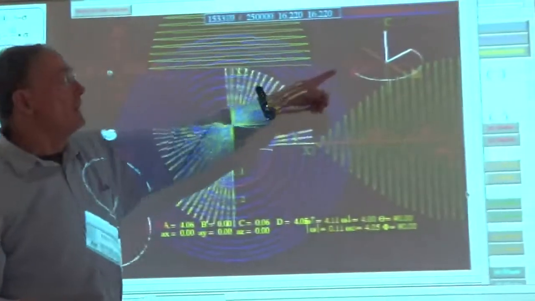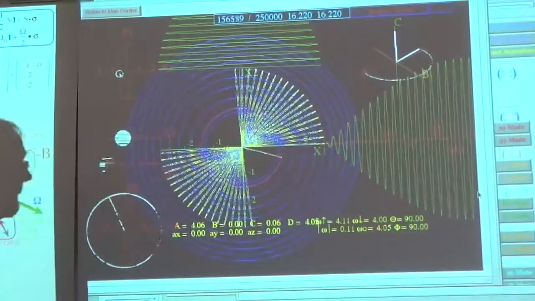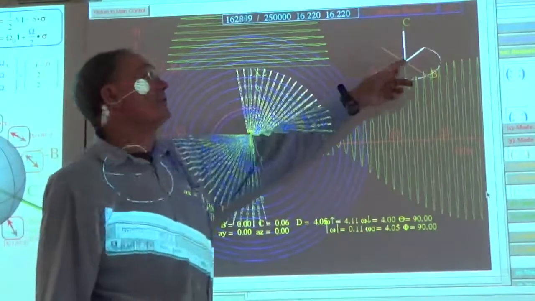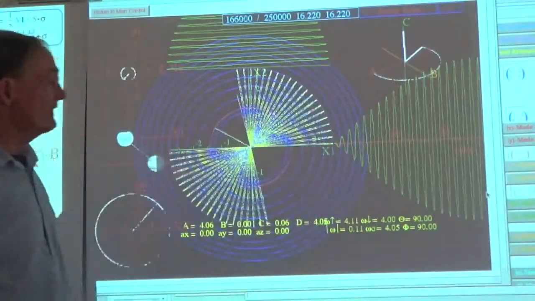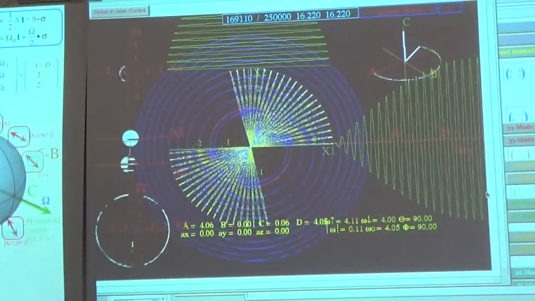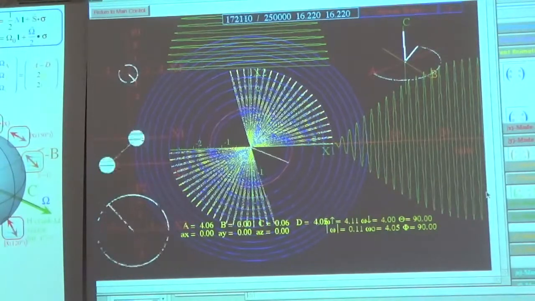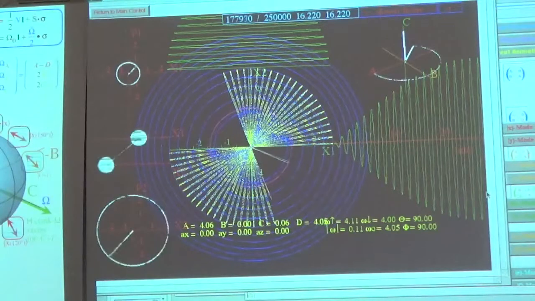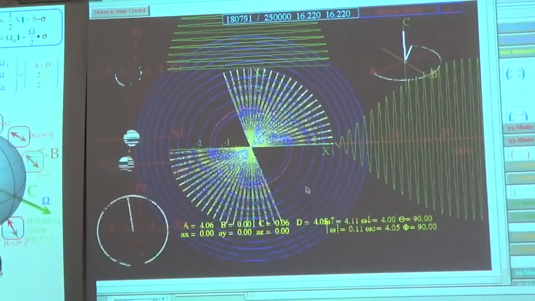There we go. We've just gone to the opposite side. That's the opposite side of the A-axis, which is the Y motion. All right? So the idea is that you could start this thing up with any sort of initial conditions.